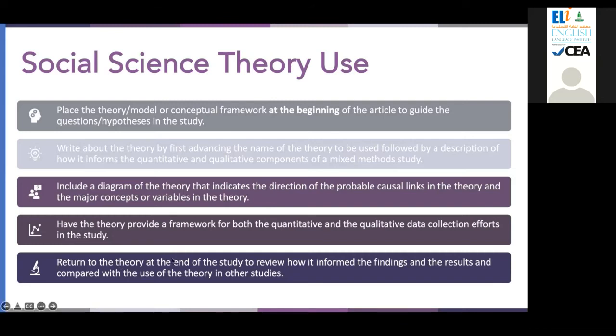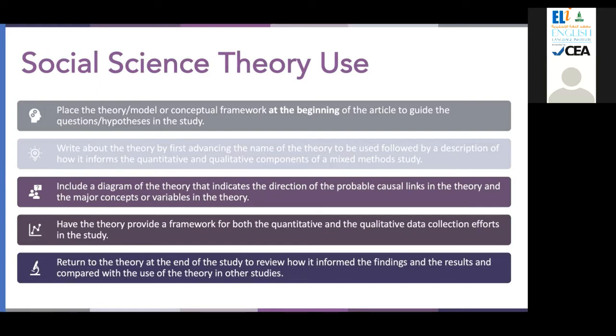And then we write about the theory by first advancing the name of the theory to be used, followed by a description of how it informs the quantitative and the qualitative components of a mixed method study, because you have quantitative elements and you have qualitative elements. How does the theory inform both components?